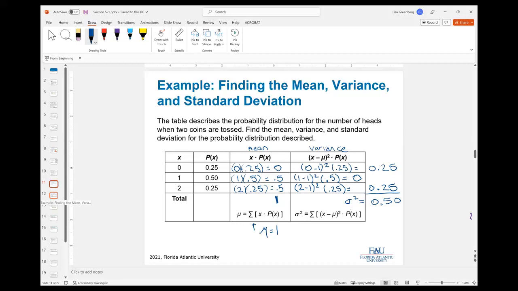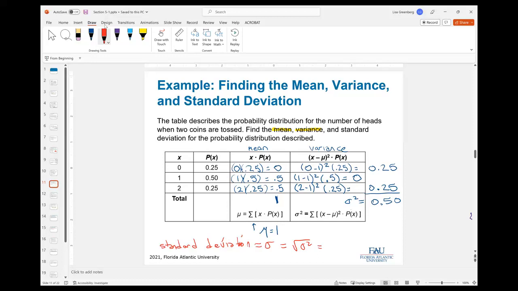And I guess we should do the last one. So we got our mean, we got our variance, and our standard deviation. That's the only thing we didn't get. So my standard deviation, sigma, is equal to the square root of sigma squared, which is the variance.